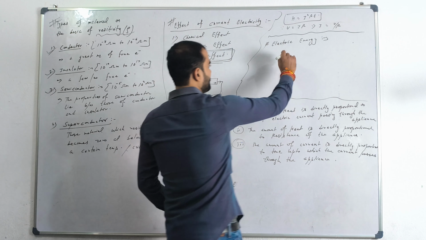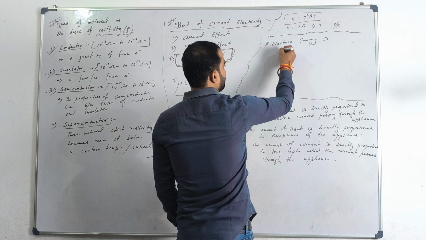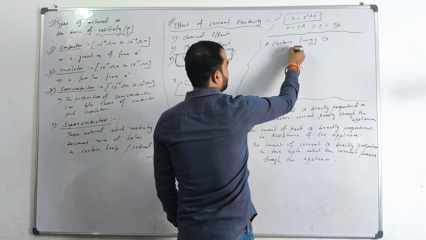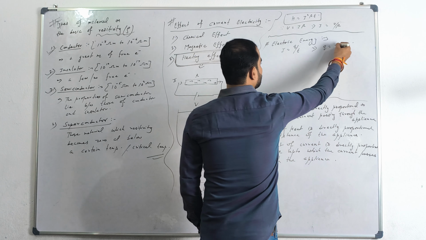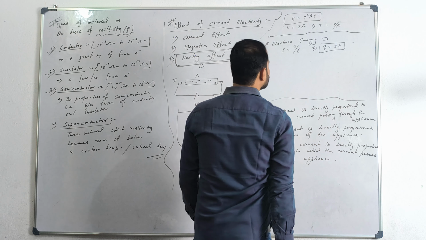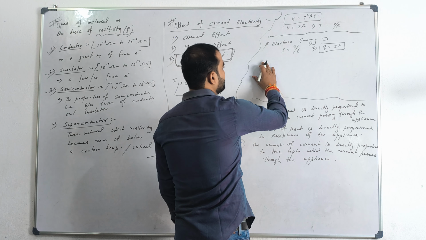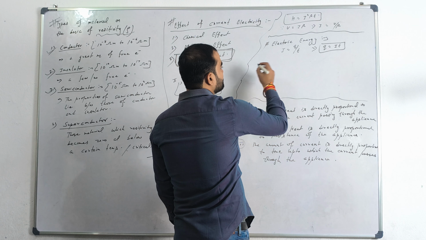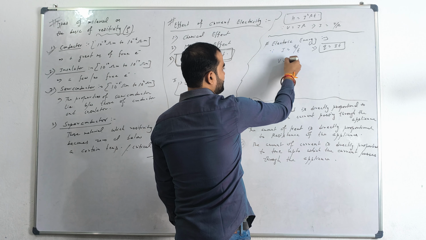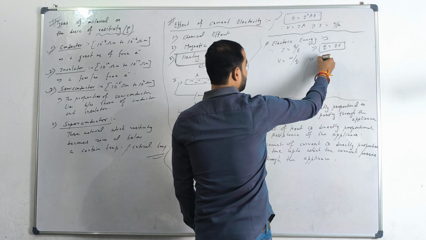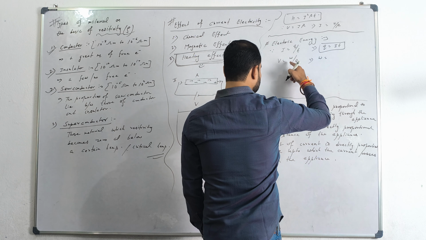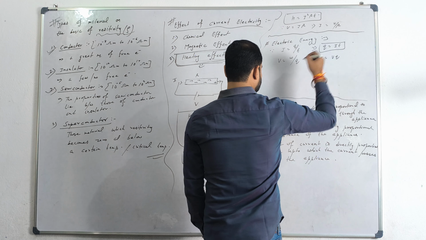Very simple. We know that I equal to Q by T. It means Q equal to IT. Nothing to worry about here. Now, potential difference V equal to W by Q. It means W equal to VQ.